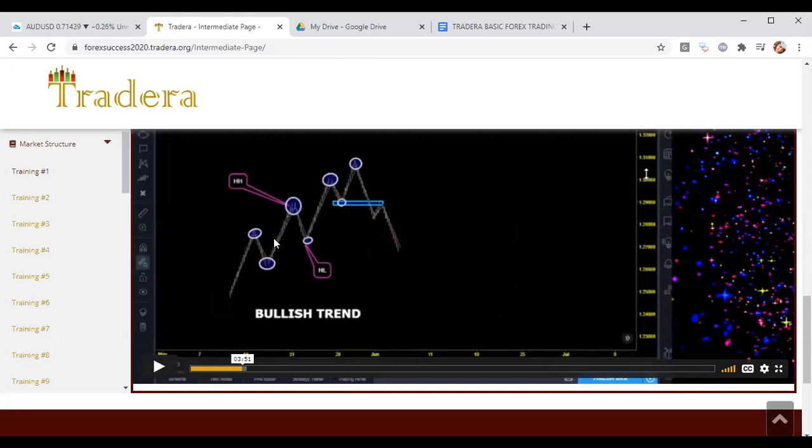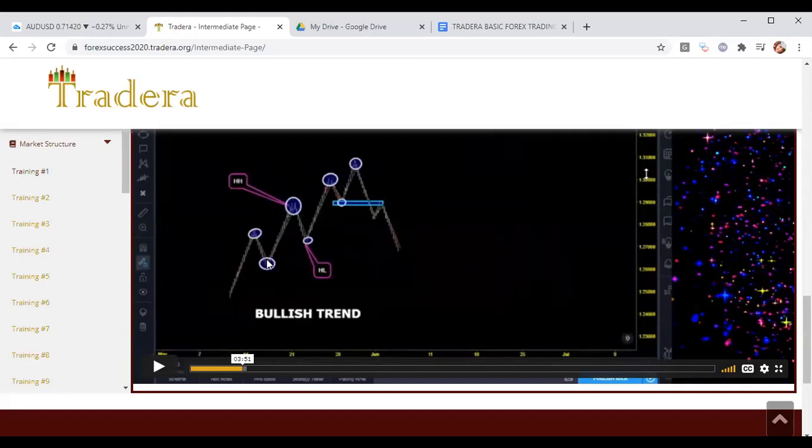Remember, we said when we're in a bullish trend, what are we making? Higher highs and higher lows. Now, we're able to tell every time when you're in a bullish trend, remember in a bullish trend, price is going up.